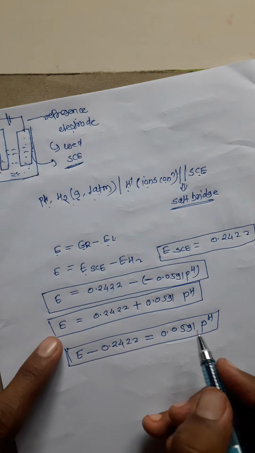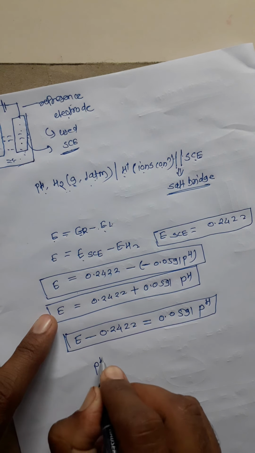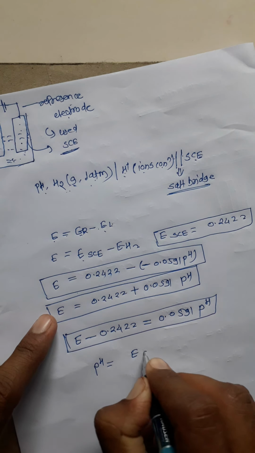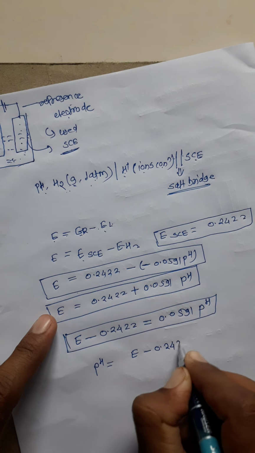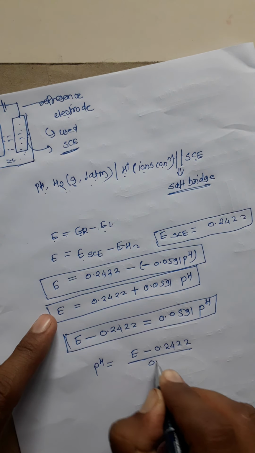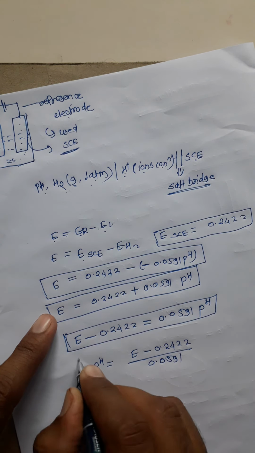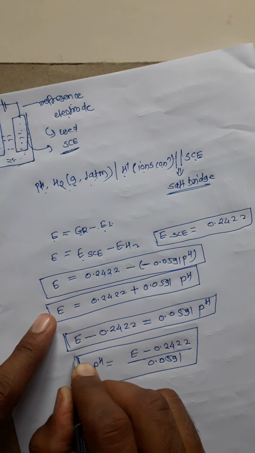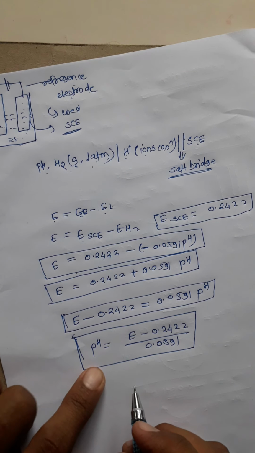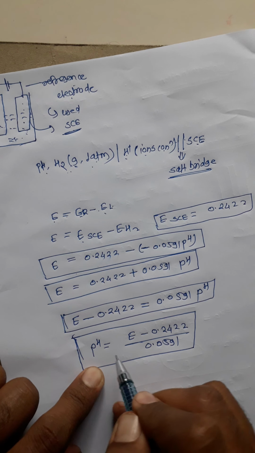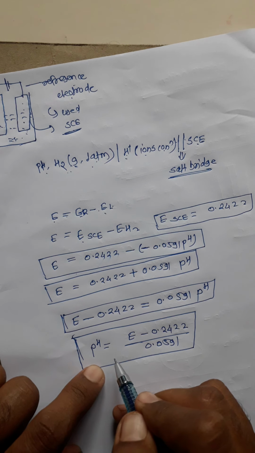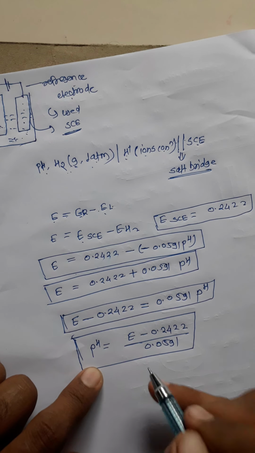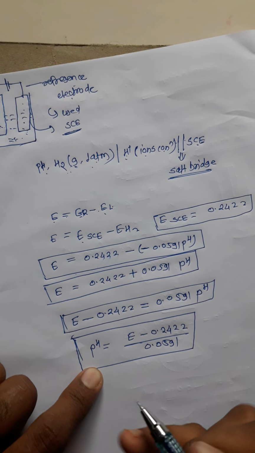You need to calculate the pH, so pH is equal to E minus 0.2422 divided by 0.0591.